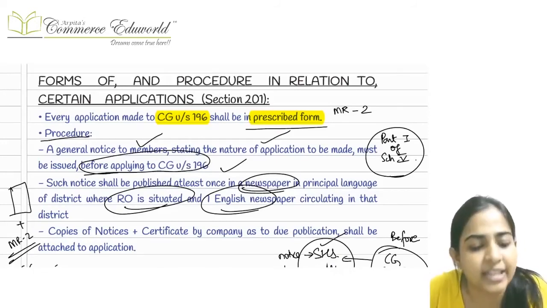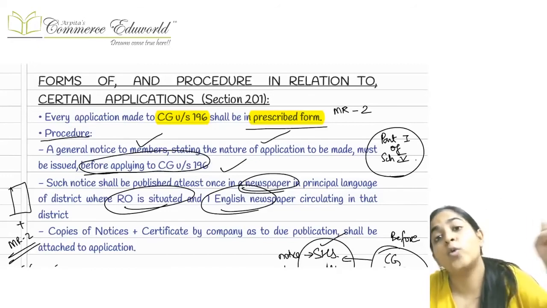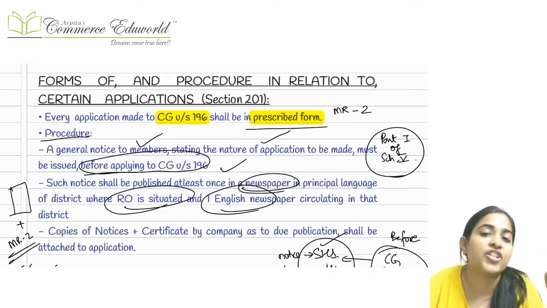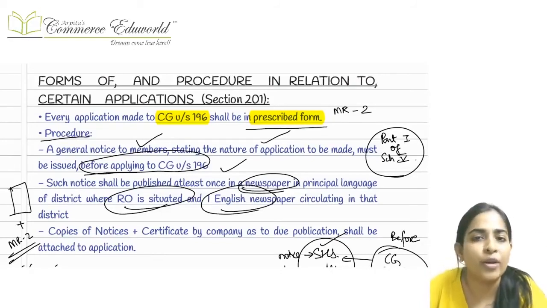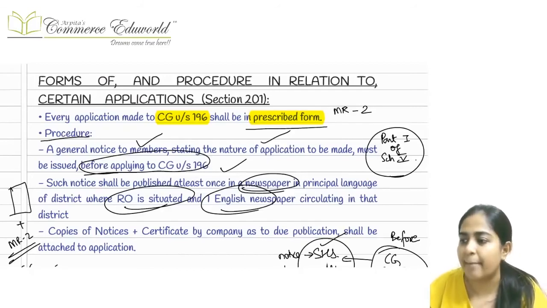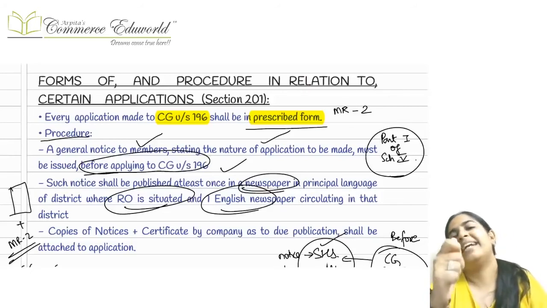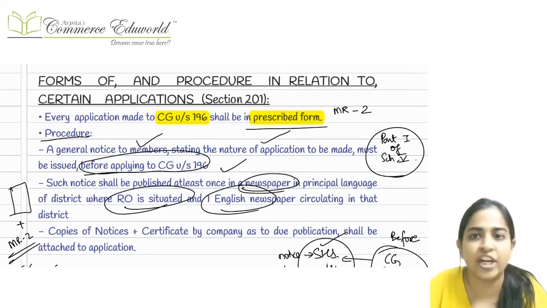Going on to the next section, that is section 201. Section 201 refers to form MR2. Remember, in form MR2 we make an application to the central government within 90 days from the date when the board approved the appointment of that particular managerial person.